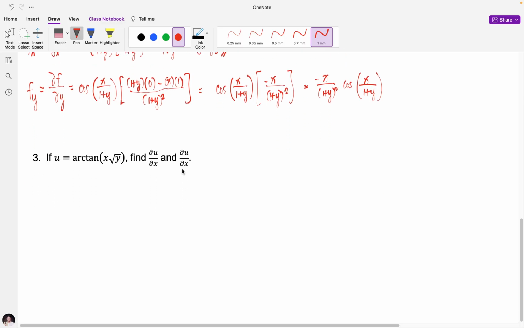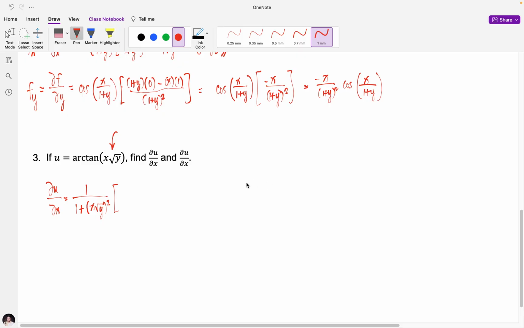Lastly, we have this. The partial derivative of u with respect to x is equal to the derivative of arctan, which is 1 over 1 plus the square of this one, x times square root of y, squared, times the derivative of the inside.